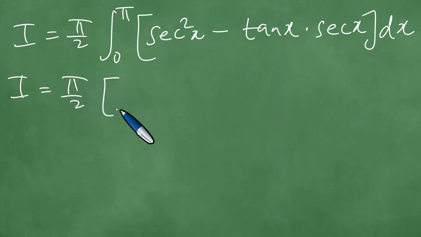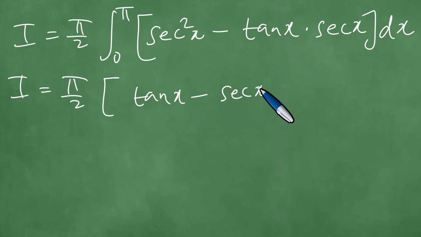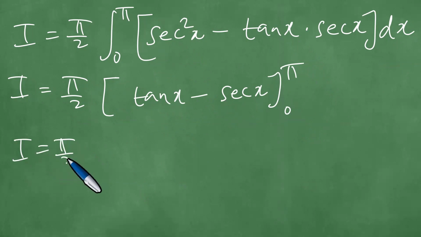And this is then what? It's pi over 2. Now we perform integration. The integral of secant squared x is tangent x. The integral of tangent x secant x is secant x. And so now this is pi over 2 times the tangent of x minus secant of x, and we substitute the limits of integration.